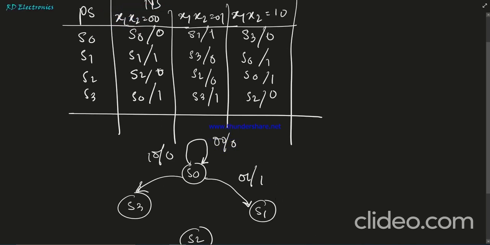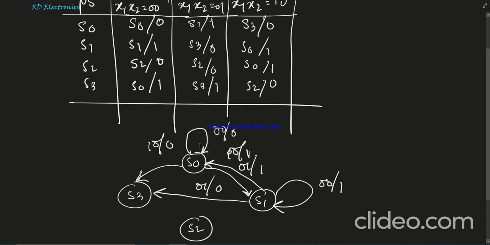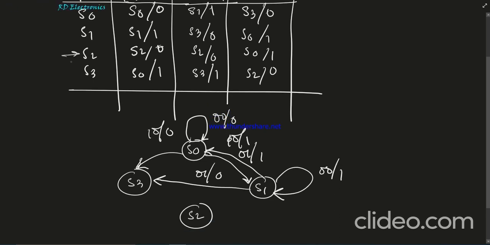Now from S1. From S1, this is a loop, because for x equal to 0 0 the output is 1. Then it goes to S3 for 0 1 and the output equal to 0, and then it goes to S0 for 1 0 and the output equal to 1. Next for S2.